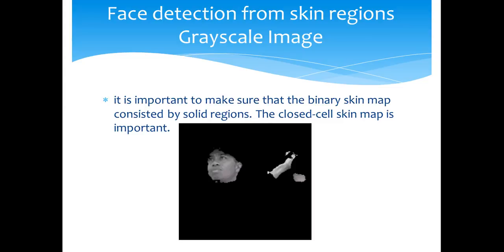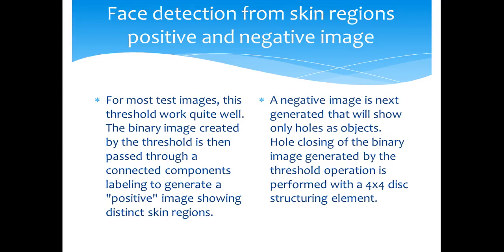Using a disk structuring element of 3x3 picture elements, the skin with holes is solved by a map, and then the image is multiplied by the original image's gray conversion. And then we will have the positive and negative images.